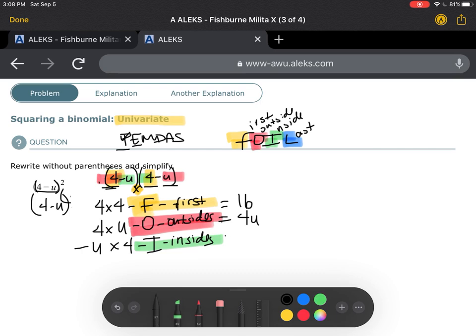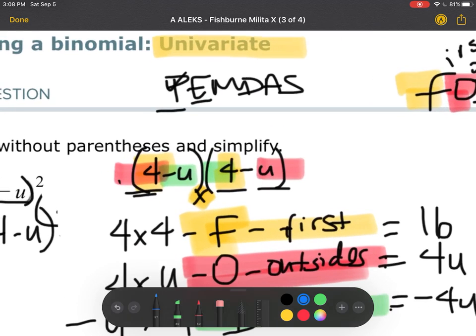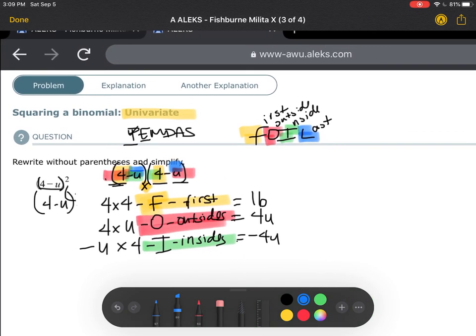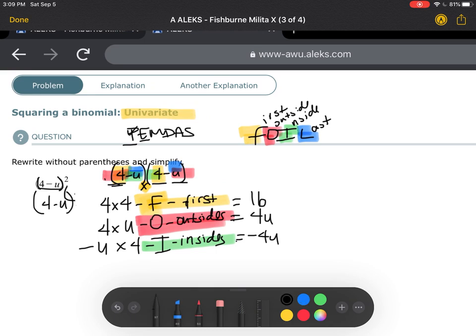Negative 4u. And then my blue, which is the last, this one and that one. So that goes back to negative u times negative u, which is my L for last.